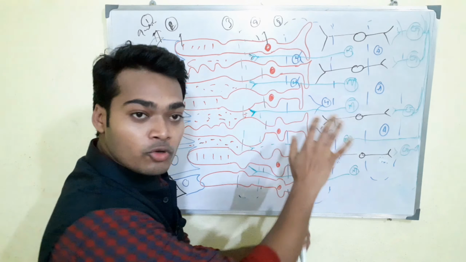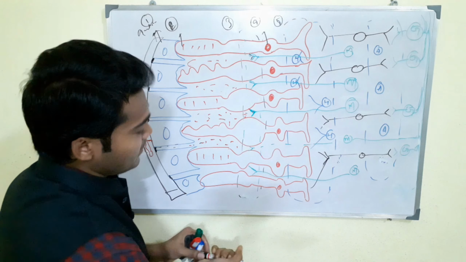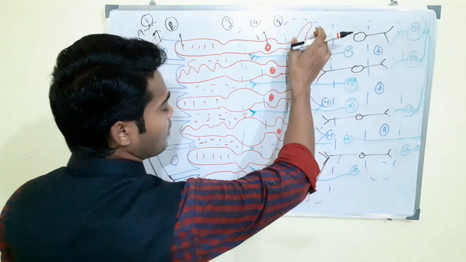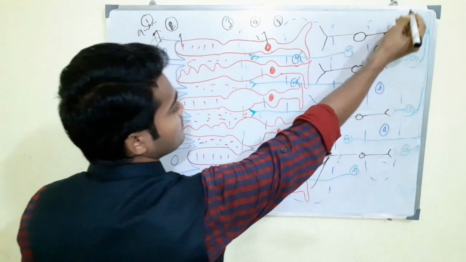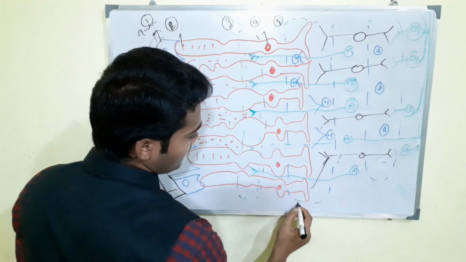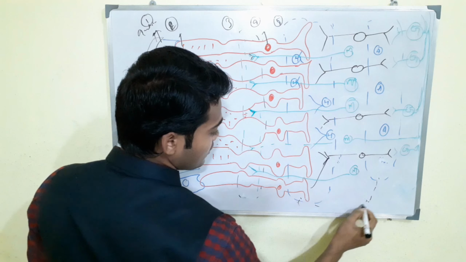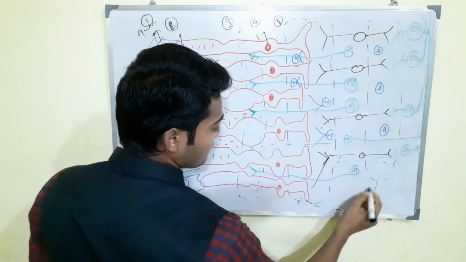Now I think everybody is clear up to the fifth layer. For the rest of the layers, assume this is the outer plexiform layer, and after that this is the inner plexiform layer. The internuncial layer is also present, which communicates with this one.